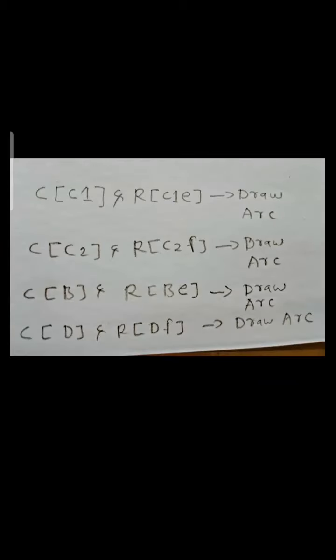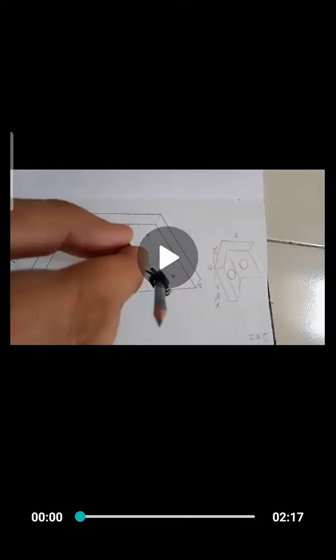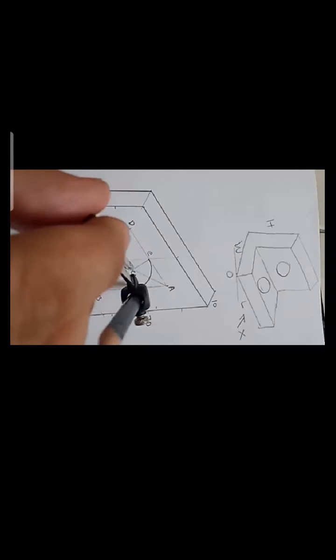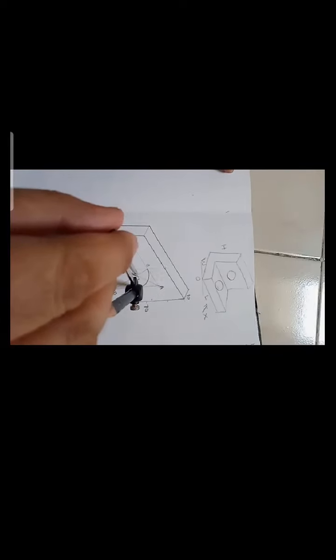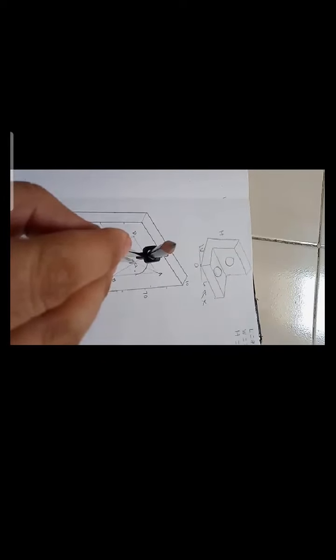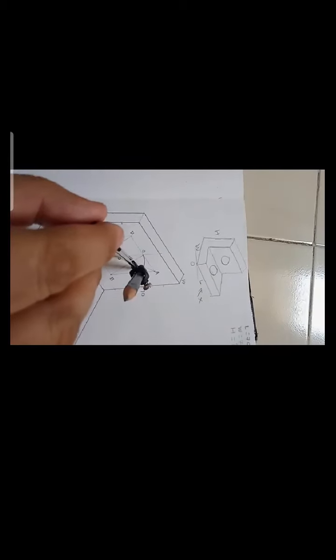Now let's see the procedure to draw the isometric circle. See here. I have taken the center as C1, radius as C1E. I have drawn the arc here. See how the arc is drawn here.